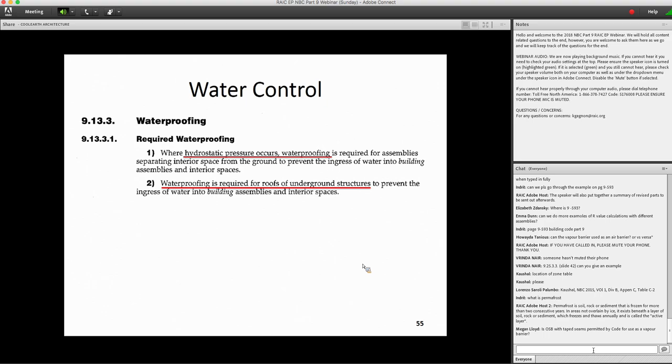Waterproofing. Where hydrostatic pressure occurs, waterproofing is required for assemblies separating interior space from the ground to prevent the ingress of water into building assemblies and interior spaces. So this is what I showed you at the very beginning as well.